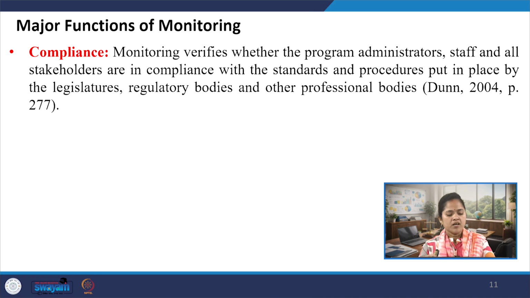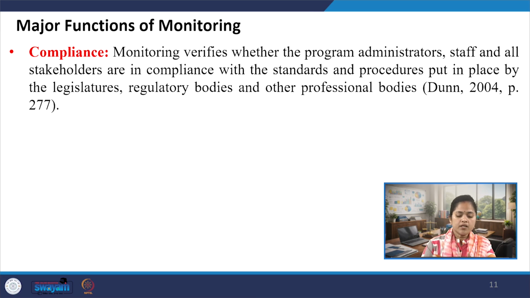So, given this understanding of compliance, now we can understand compliance in the monitoring activities, okay. During the monitoring activities also, there are a lot of standards and procedures already in place by different agencies or actors in policy making. Those stakeholders could be the legislature, regulatory bodies or other professional bodies who have already developed the standards, procedures and regulations for the specific plan, program or policy, okay.